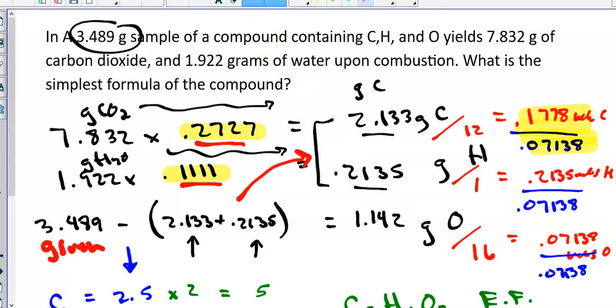Then, after you have them all in grams, you convert to moles by dividing each by their molar masses. Once we have moles, we divide all three by the smallest. That will give me the ratio.